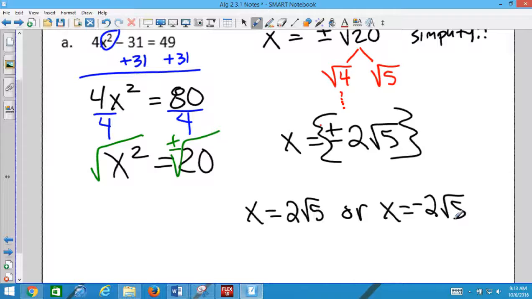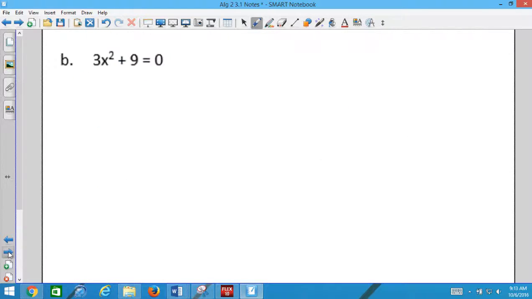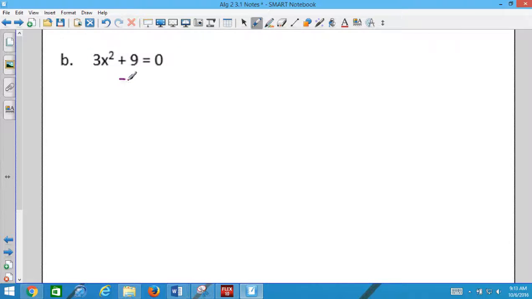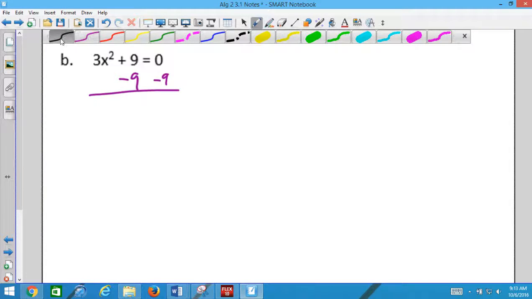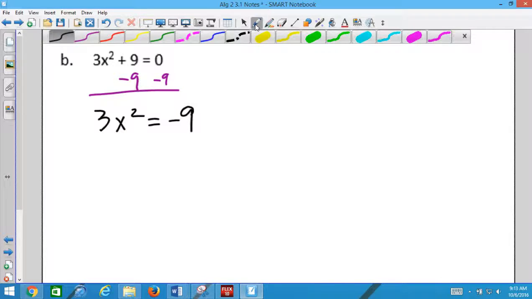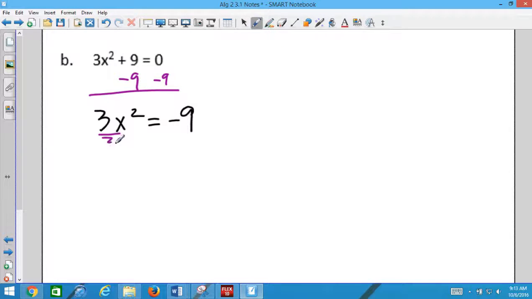All right, that was the first example. Let's do the next example. What are we going to do first? 3x squared plus 9. Minus 9. Now what do we do? Divide by 3.